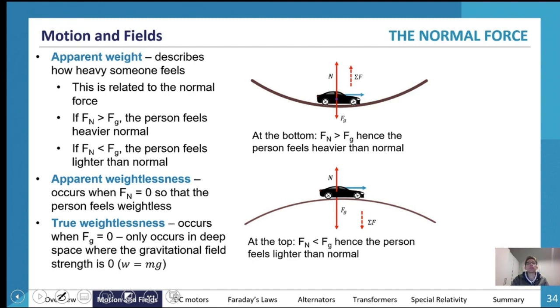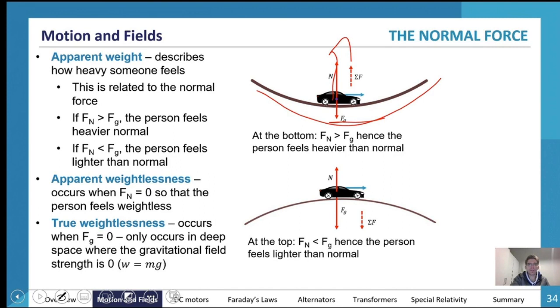That means that at the bottom of a circle, let's say a car driving down a hill in a valley, all of a sudden you will feel heavier, because the normal force is greater at the bottom of the circle than the weight force, so you feel heavier than usual.